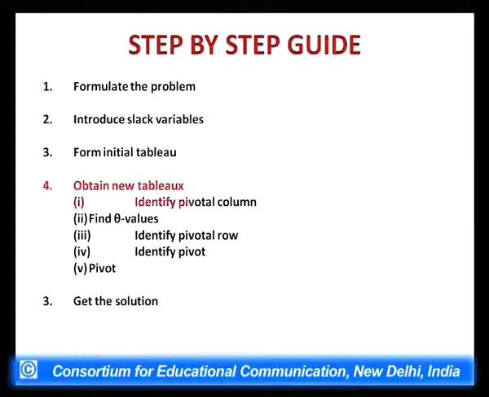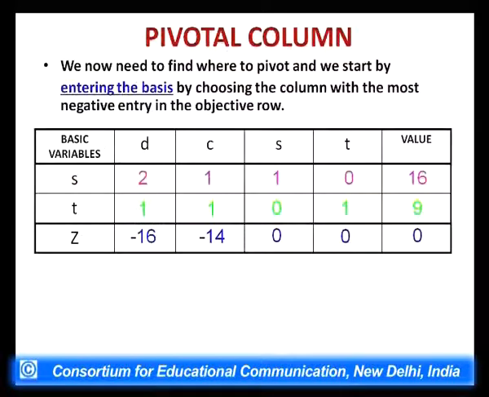Okay, now the next step is to identify the pivotal column. I'll define what is a pivot, what is a pivotal column, what is a pivotal row. This is now the initial table, and we are going to find the pivotal column. The pivotal column is found by the objective row.